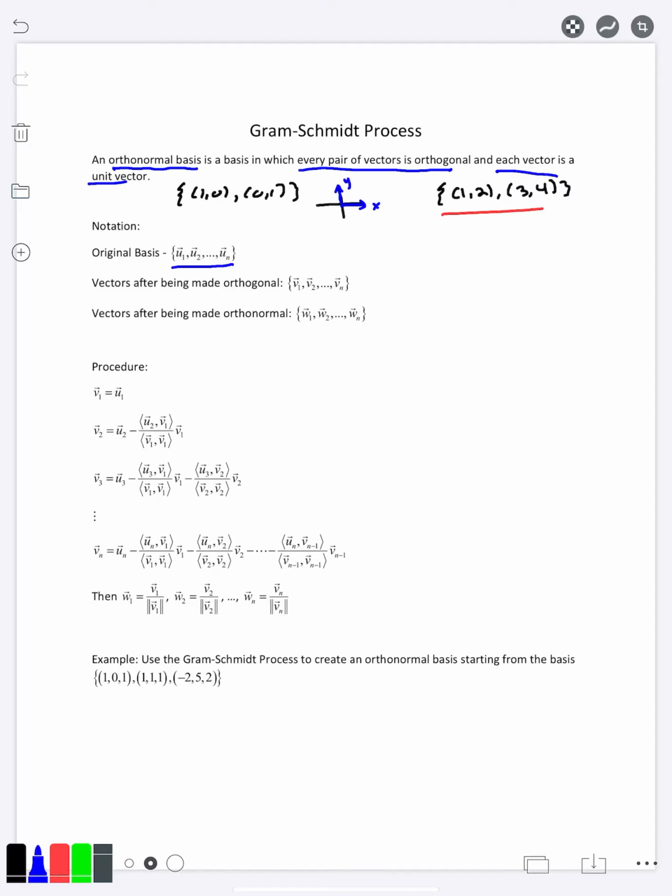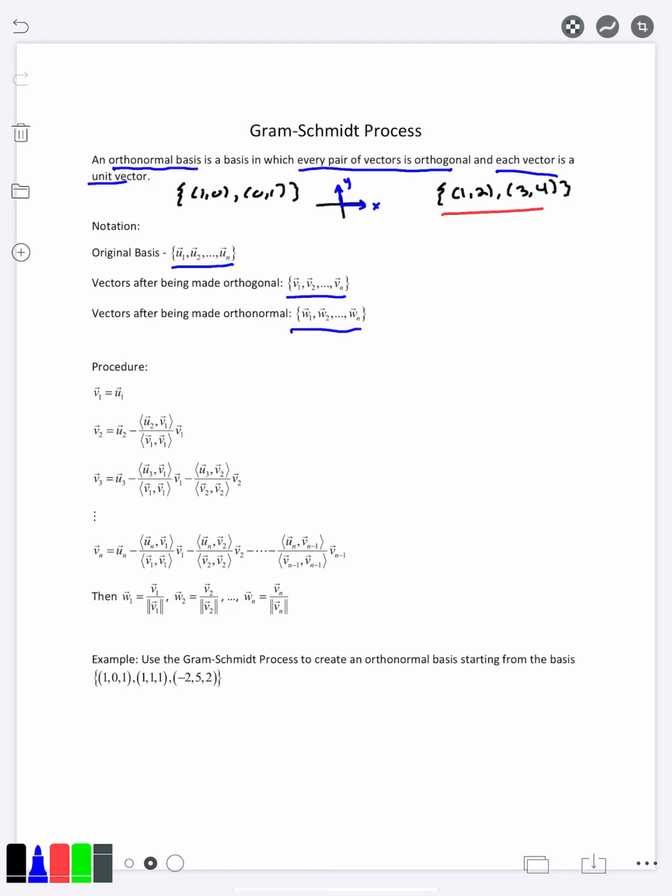Those are the original vectors in the problem. V's are going to be the vectors after you've turned them into orthogonal vectors. So at that point in time, they're all going to be perpendicular to each other. And then the last one, the W's, are going to be your final answer. That's after you turn your V vectors into unit vectors.